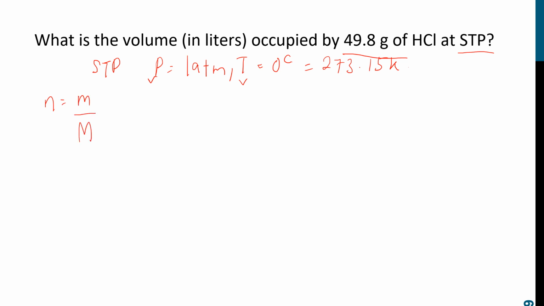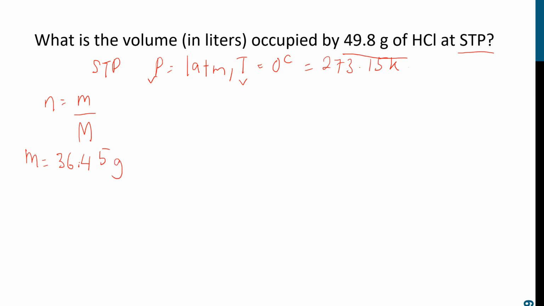Small m refers to mass and capital M is the molar mass. So you have to calculate the molar mass of HCl. The molar mass of HCl is 36.45 gram.